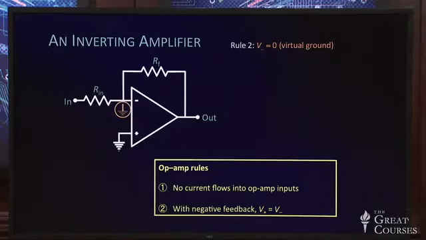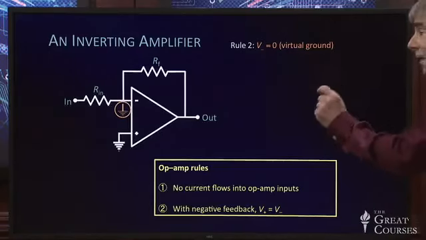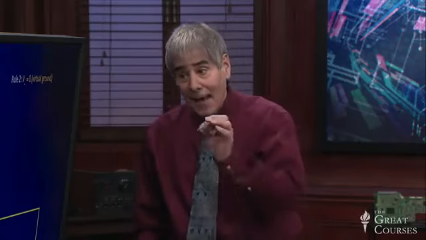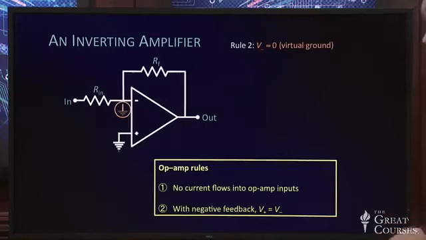So rule 2 tells us that the inverting input and the non-inverting input are at the same voltage. We've forced the non-inverting input to be at ground, 0 volts, and that means the inverting input is also at effectively 0 volts. We saw that very tiny variation last time, essentially 0 volts, down in the millivolt range or lower.